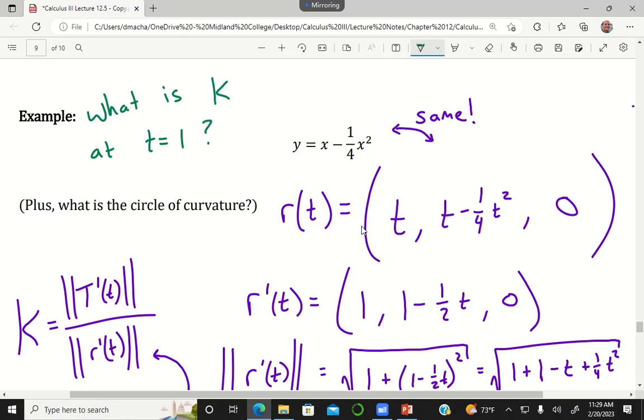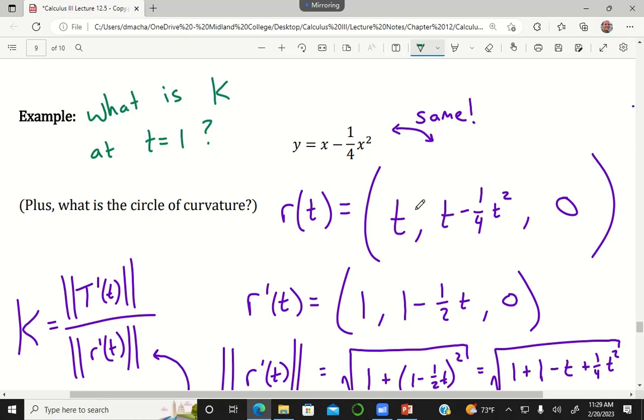And in that case, rather than simplifying all of this, you could just plug in t equals 1 and start getting numeric answers. And numeric answers simplify really fast, right? So you don't have to deal with all of the drudgery of all the algebra. You can just start replacing t with 1, and figure that out faster.